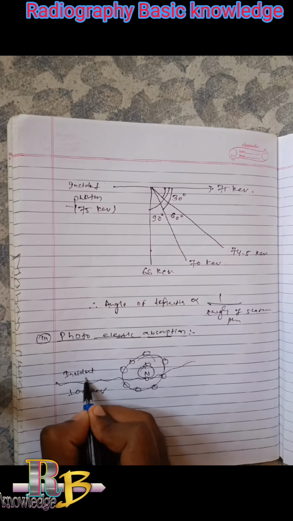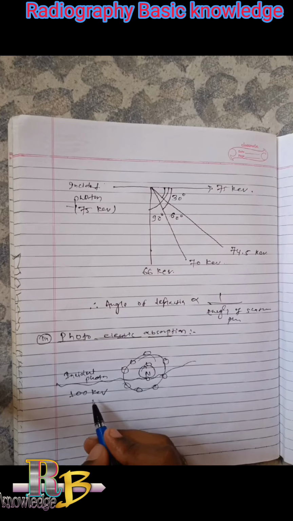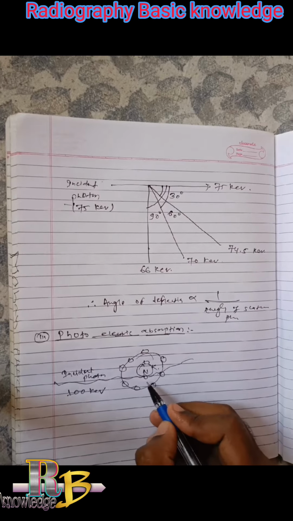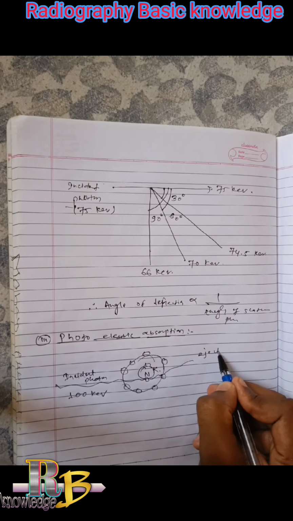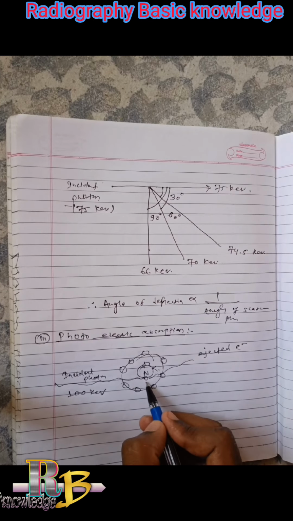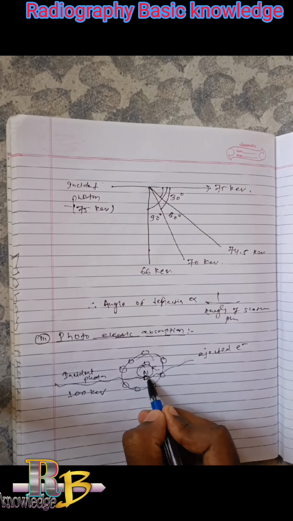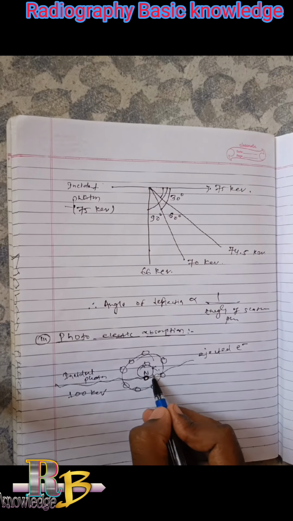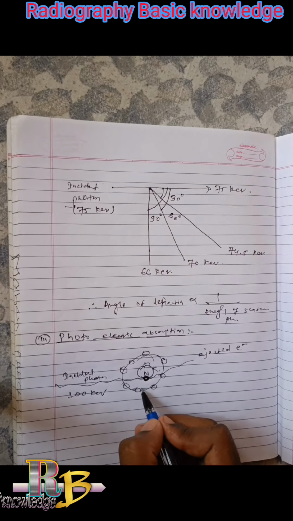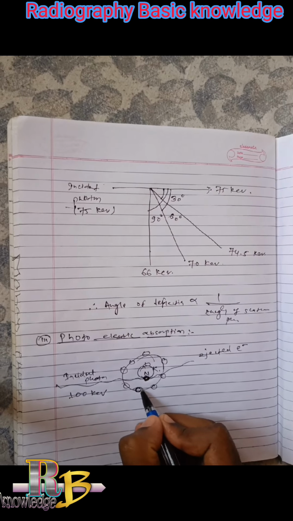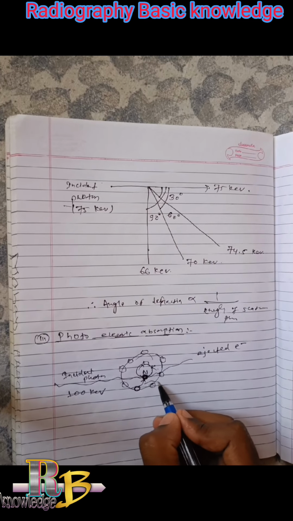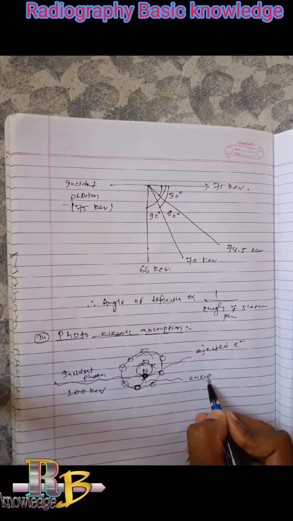Since the energy of the incident photon is high, it directly attacks the K shell electron and ejects it. When the electron is ejected, the K shell is vacant, so an electron of the L shell goes to the K shell and releases energy.